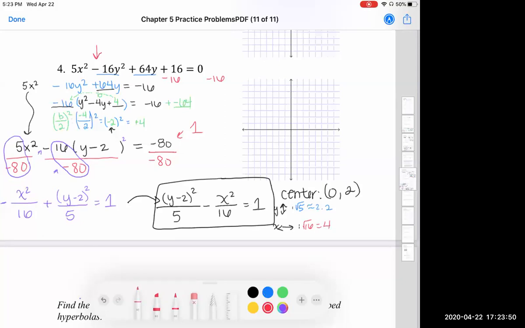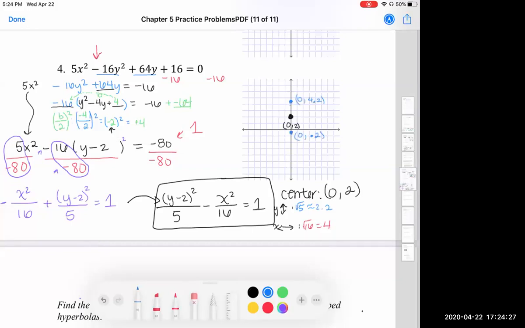Okay, let's go ahead and make that outline of our box to draw our hyperbolas. So we have a center at 0, positive 2. I'm going to move up and down 2.2 units, so a little bit more than 2. And this now becomes 0, 4.2 and 0, negative 0.2.